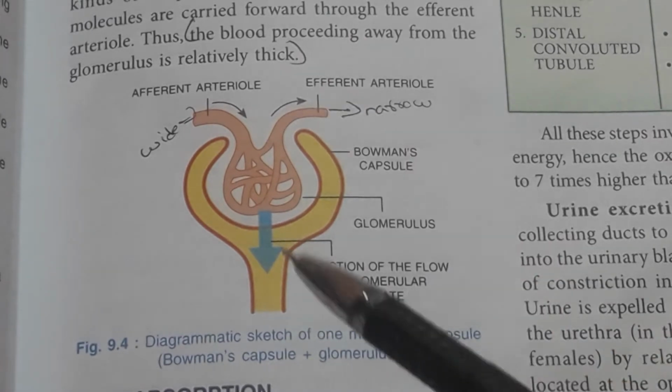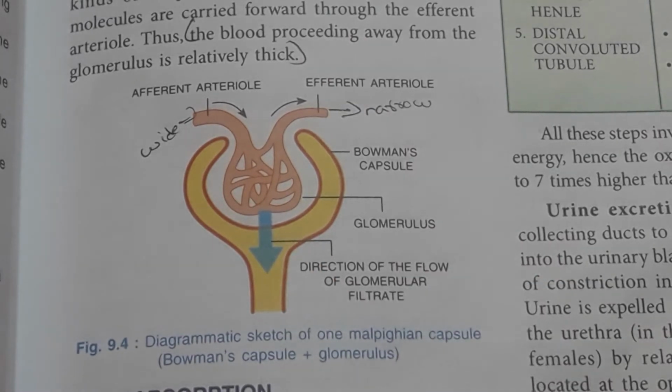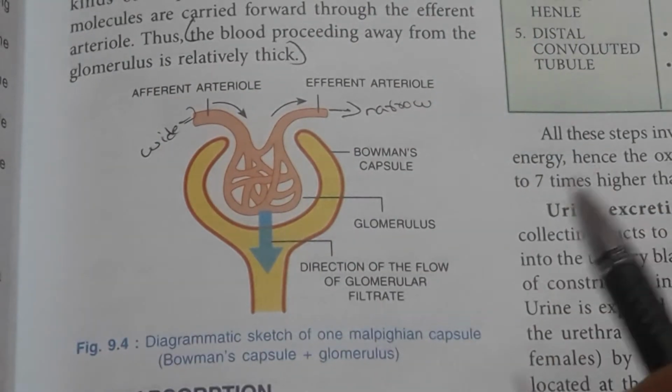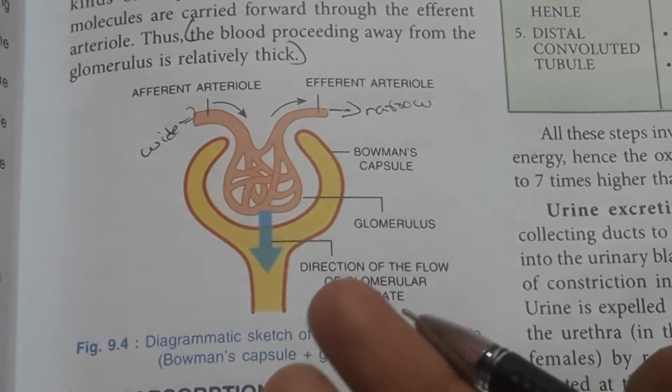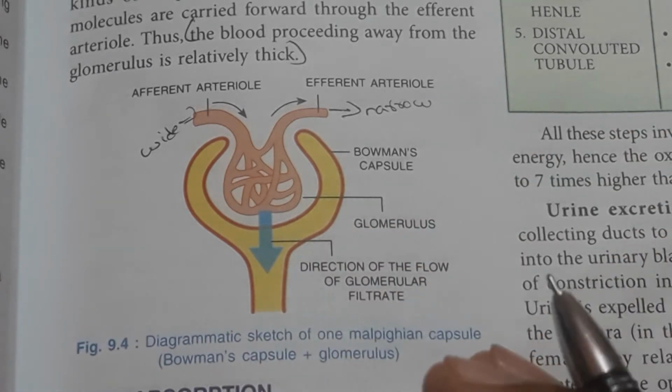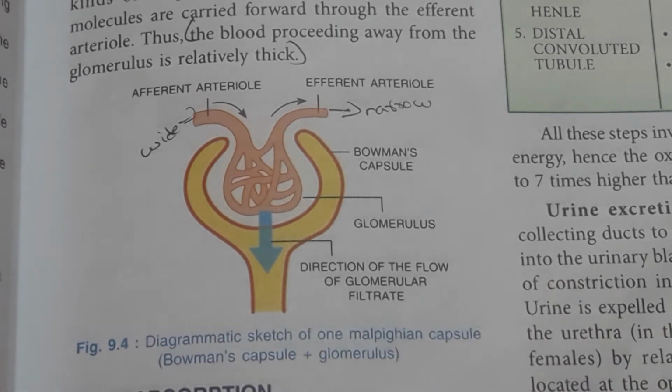During this ultrafiltration process, almost all the liquid part of the blood, including substances such as urea, glucose, amino acids, etc., comes out of the glomerulus and passes into the funnel shaped cavity. What is that?